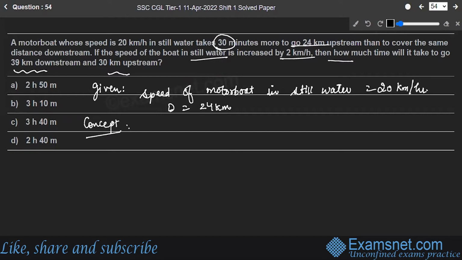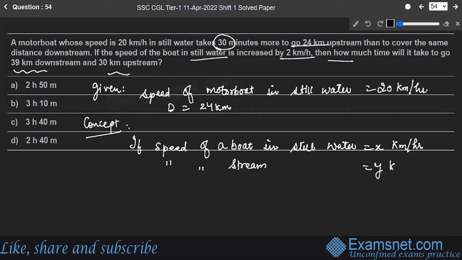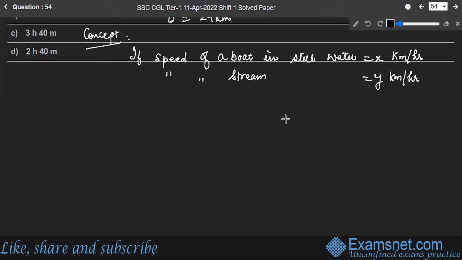First of all, in this question, if we assume the speed of a boat in still water to be x kilometers per hour, and I assume the speed of the stream to be y kilometers per hour, then what will be the downstream and the upstream speed?